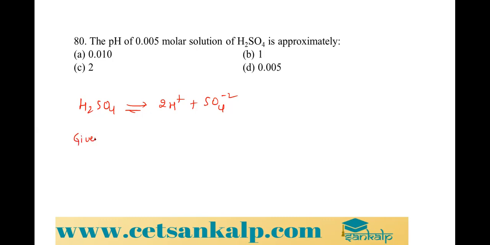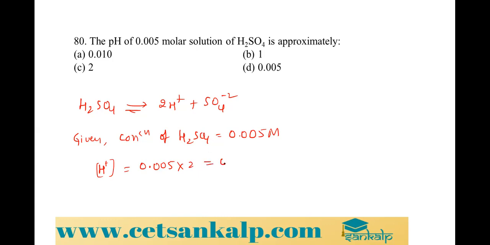Given concentration of H2SO4 is equal to 0.005 molar. So H plus ion concentration must be equal to what? 0.005 into 2. Okay, 2H plus ions are coming. That's equal to 0.01. That's nothing but 10 to the power of minus 2 molar.